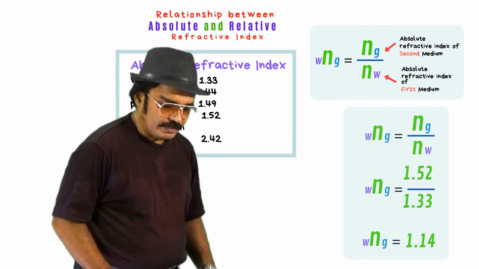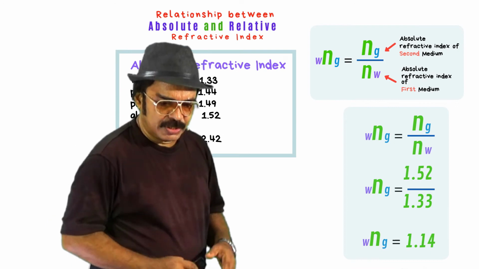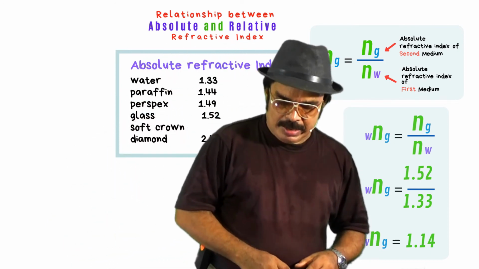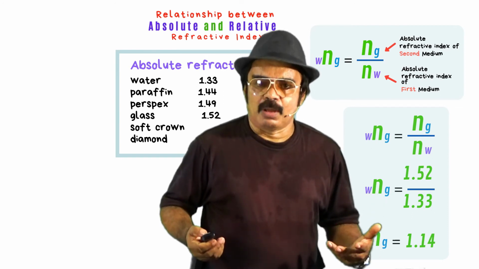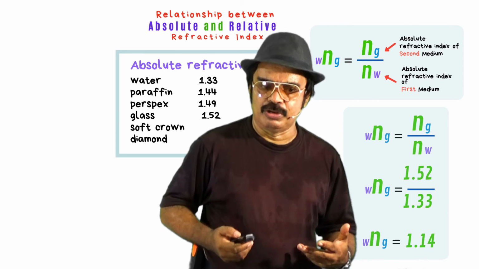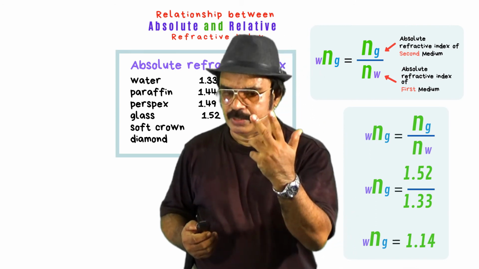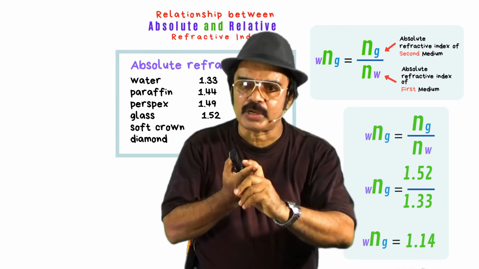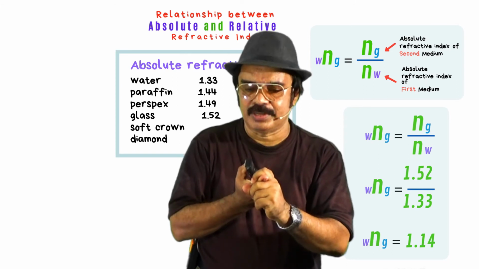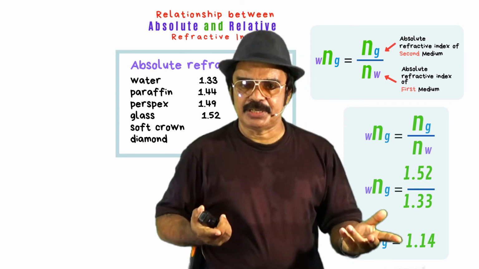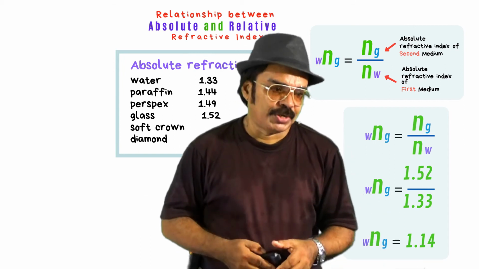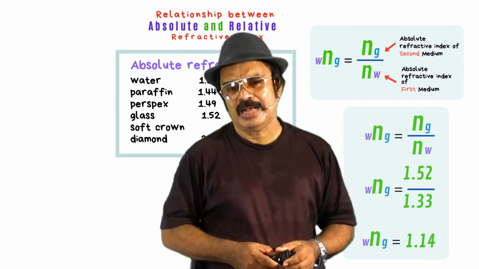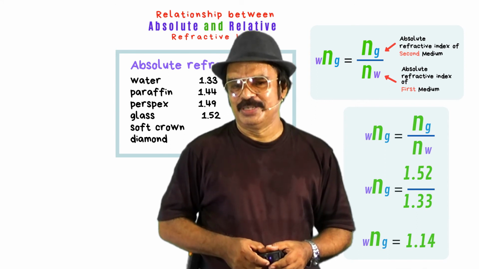That's it. One thing I should mention here is that to solve good numerical problems of refraction, you should learn two other things, that is total internal reflection and critical angle. When you learn these things, you can solve good advanced questions of refraction. Until then, you cannot, basically.